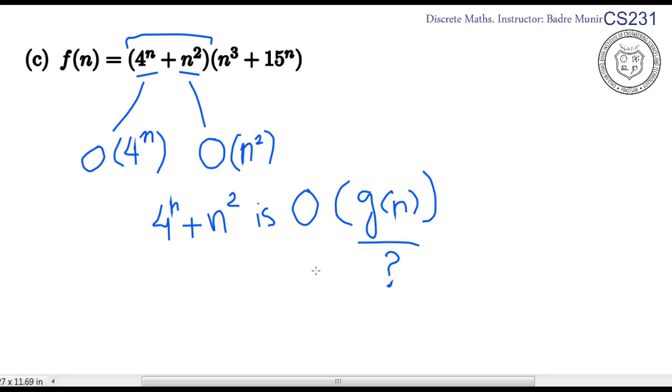That function g of n is going to be the max out of the two functions, 4 raised to power n, and the other function is n squared.